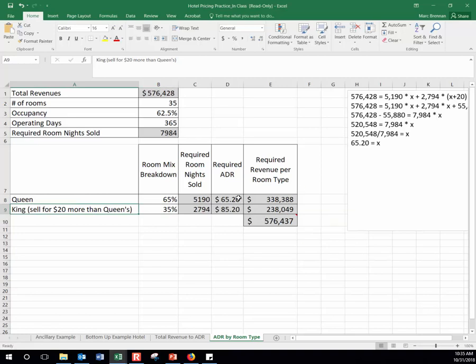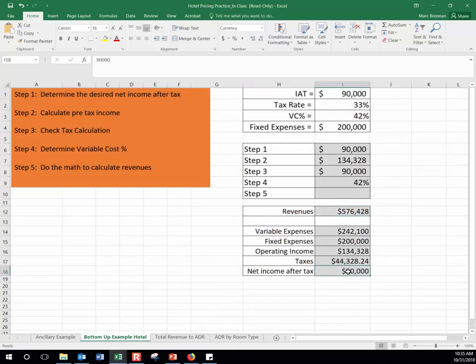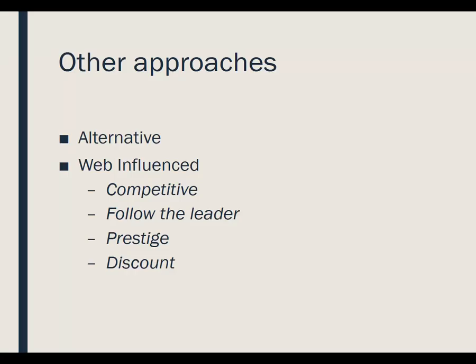And if I do all that, then I should be able to get to my required revenue, which again brings you all the way back, should hopefully bring me to my net income after tax. Okay. It's quite loaded, so please take your time, go back and review that example again, because you really need to feel comfortable with it.